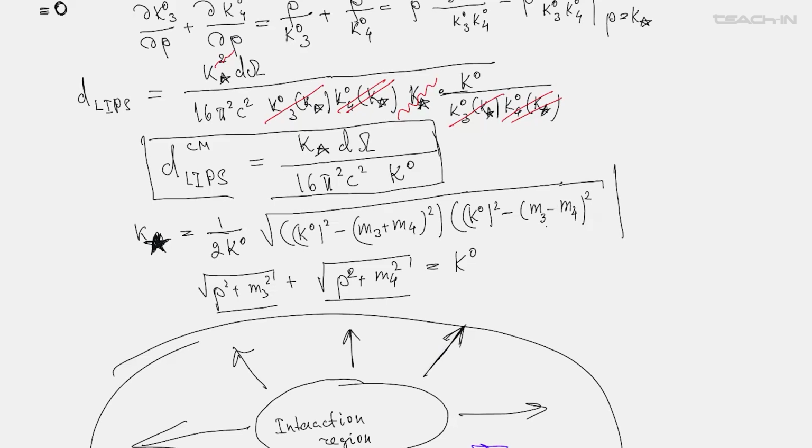And m3 is equal to m4 is equal simply to m, and this formula turns into one divided by 2 times the square root of K0 squared, the energy of incoming particles squared, minus 4m squared.